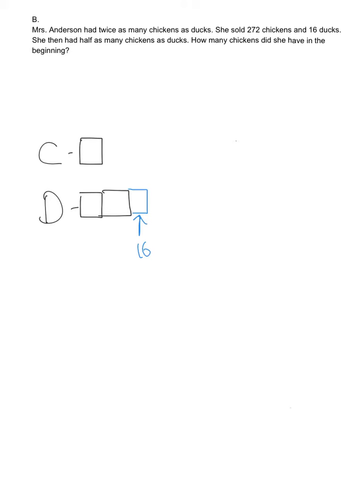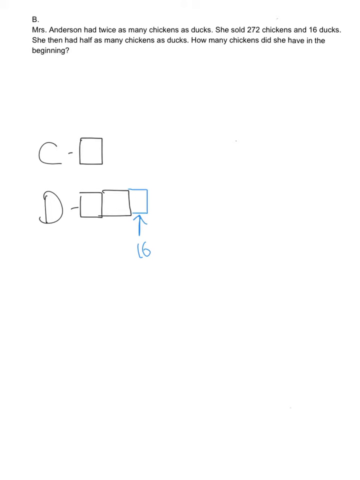So now, all the ducks are back. 2 units plus the 16 that were originally sold. We've given them back. They've been returned. They were defective. Who knows? Okay? Now it says that 272 chickens were sold. If we give those 272 chickens back, then we will have twice as many chickens as ducks.